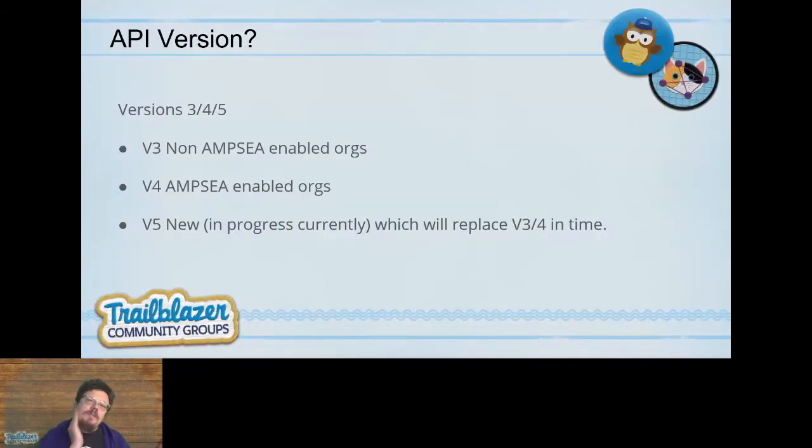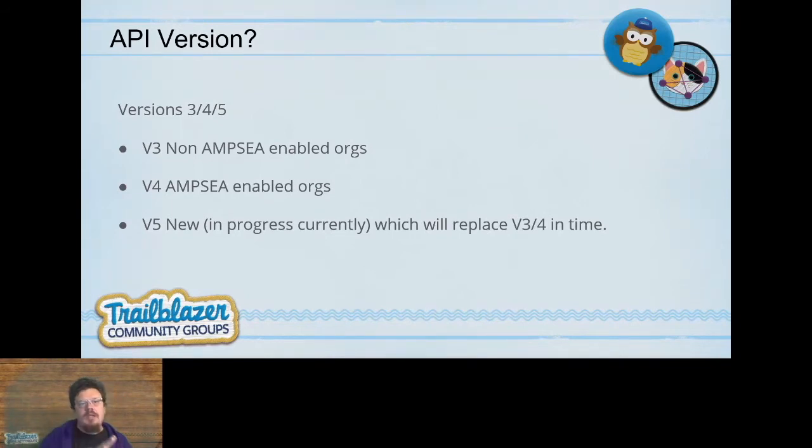A confusing part about the Pardot APIs is that there are three of them right now. There's version 3, version 4, and the new version 5. Version 3 is for Pardot orgs that are older than about three years now.